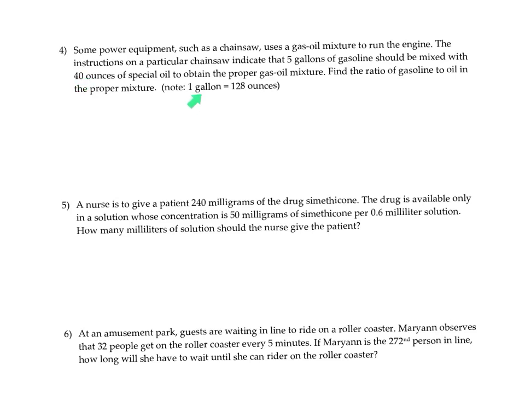So I'm giving you a conversion here: 1 gallon is equivalent to 128 ounces. We are going to convert the gallons to ounces so we can get a ratio in the same units. First, the 5 gallons, there's 128 ounces per gallon, so we multiply to get a total of 640 ounces for the gas. Now we are comparing our ratio of gas to oil.